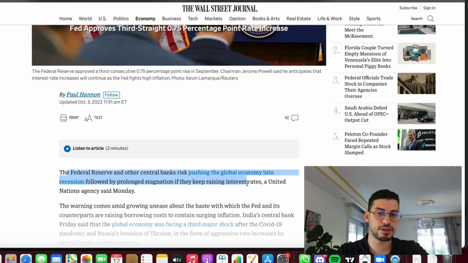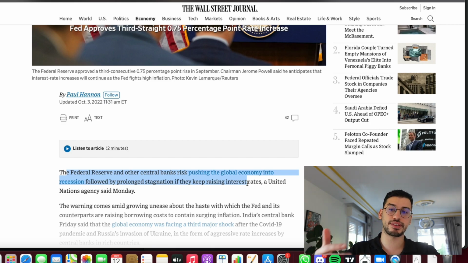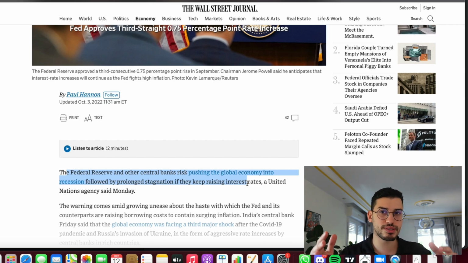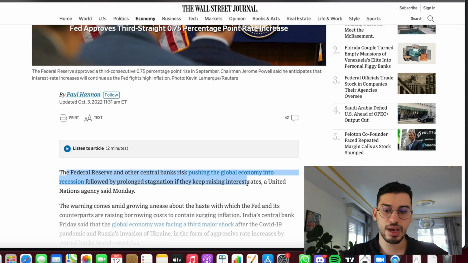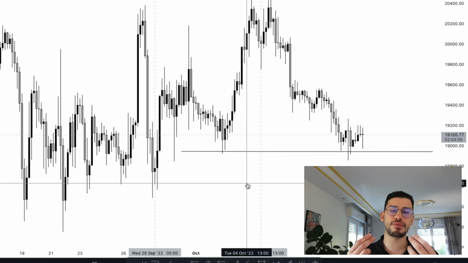So the United Nations warned the Federal Reserve that if you keep raising interest rates, you're messing up the economy, you're going to cause us to go into a recession. So we got a small hope that maybe the Federal Reserve will be decreasing interest rates instead.